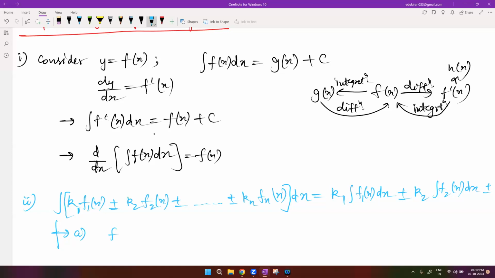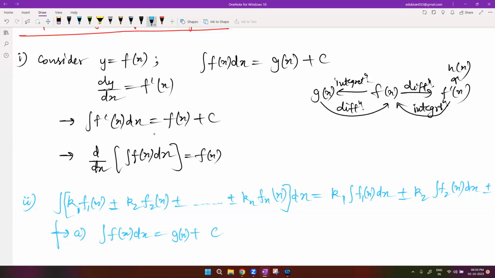First property is that, let's say there was a function f(x), and its integrated value was I. Sometimes we write our integration as I plus c. I will be the integrated function, whatever function we get. Let's say we get some value g(x) plus c, right?